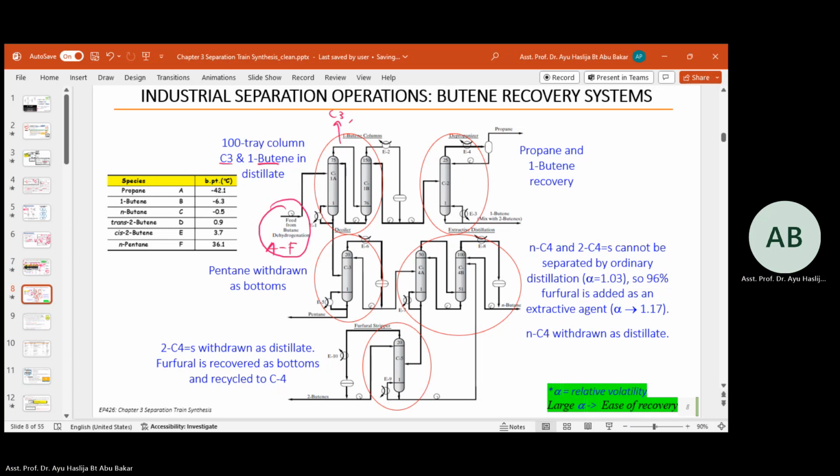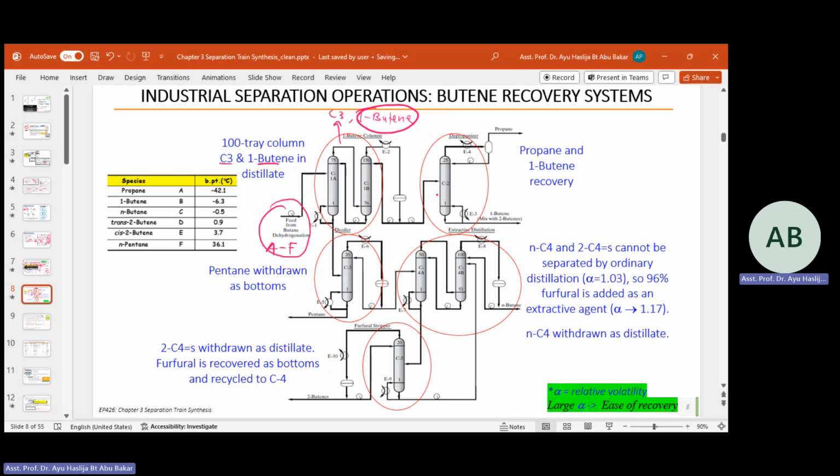Now you have two components which you need to separate further to extract out the 1-butene. Then it goes to another separation system.